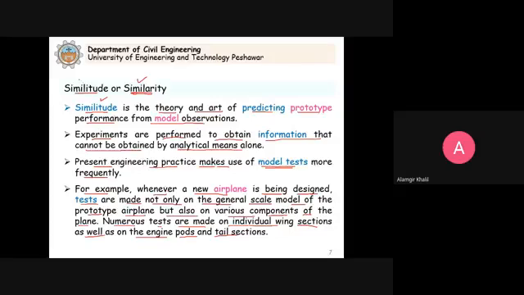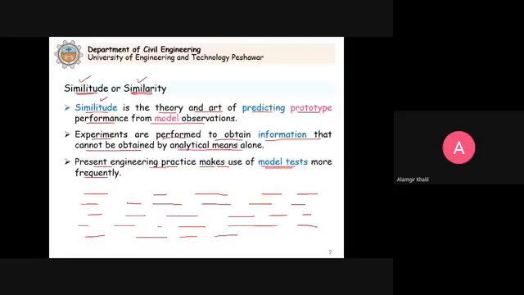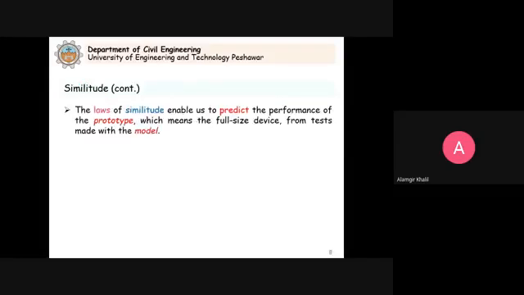That's why similitude is very important, that we need to understand and know how to use. It has wide applications. Clear? So similitude is what? It is simply the theory and art of predicting prototype performance from model observations. Let us continue with this.